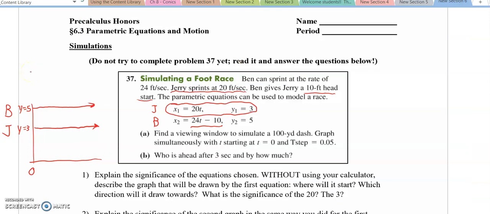With parametric equations, you have to consider t and x and y, all of those things. t represents time, so we may have to do a quick calculation to see how long it'll take for the race to run, or we can just guess. And then if it's not right, we can adjust it. So let's say that I guess that it's going to take them 30 seconds to run this race.